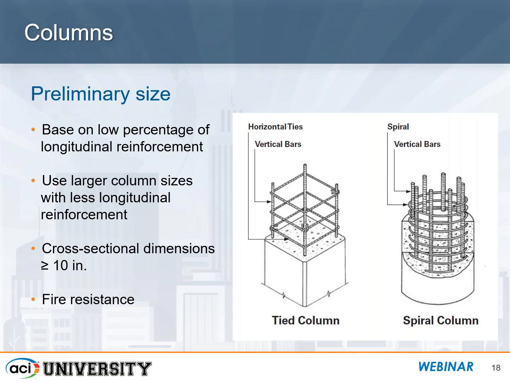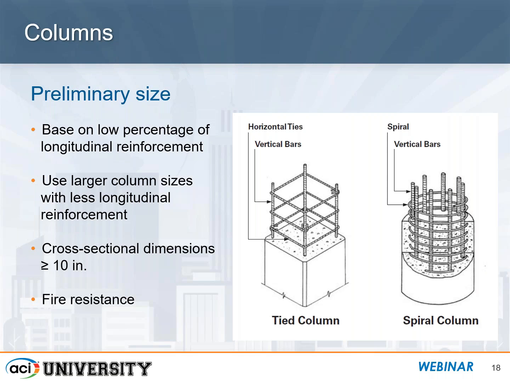Now, if you have a special moment frame, it's really unlikely that you're going to use something that small, especially if you assign only a few frames to the seismic force resisting system. So yes, they do give you a minimum dimension, but you're going to wind up with a fairly significant column, especially if the column is within a limited number of frames resisting the seismic load effects.